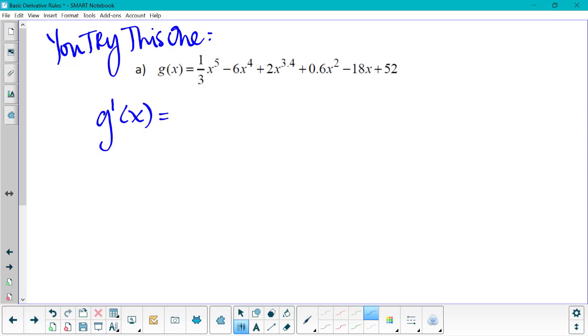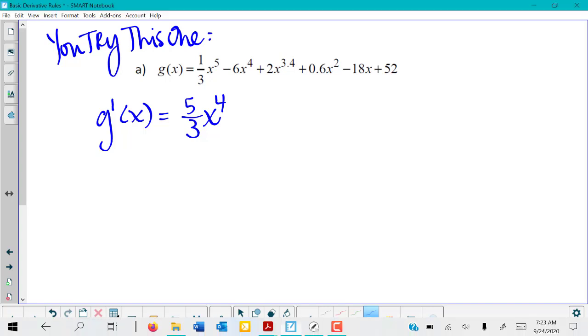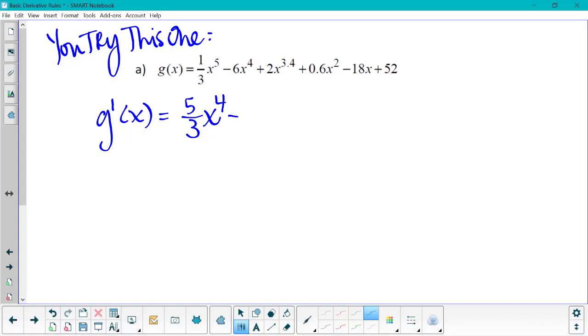To find the derivative, we're going to take 5 times 1/3, which becomes 5/3, and decrease the power by 1. The next term, we're going to take 4 times negative 6, which is negative 24, and we get x cubed. In the third term, we notice that the exponent is a decimal, which is not a big deal.